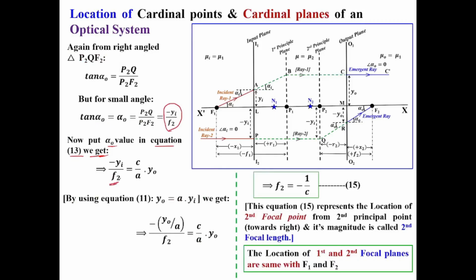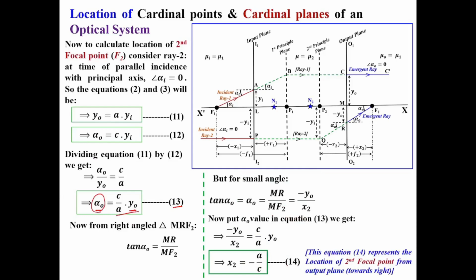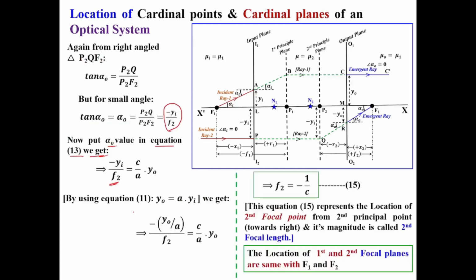Minus yi by F2 is equal to C by A into YO. That implies, instead of yi, we substitute YO by A by using equation number 11.